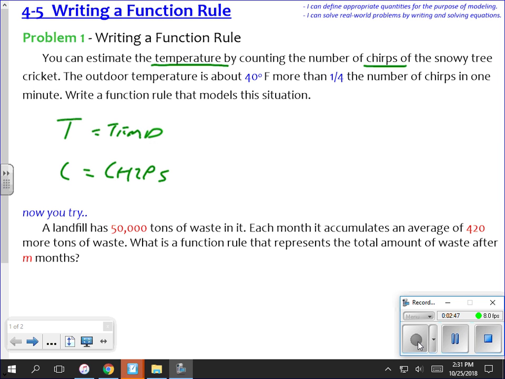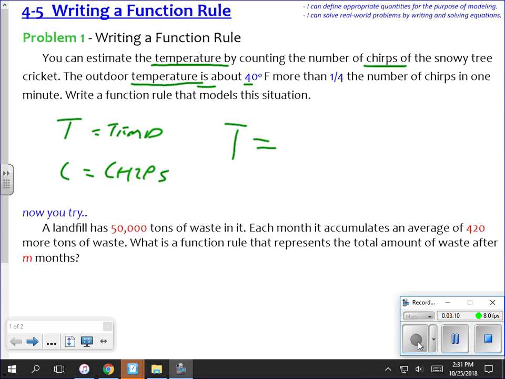Right. Now, if you read the information, it makes it relatively easy. The temperature, T, equals. Easy enough to do, right? This is where it gets a little harder.